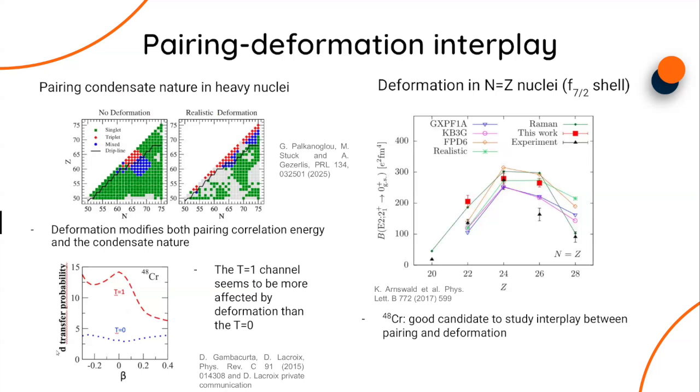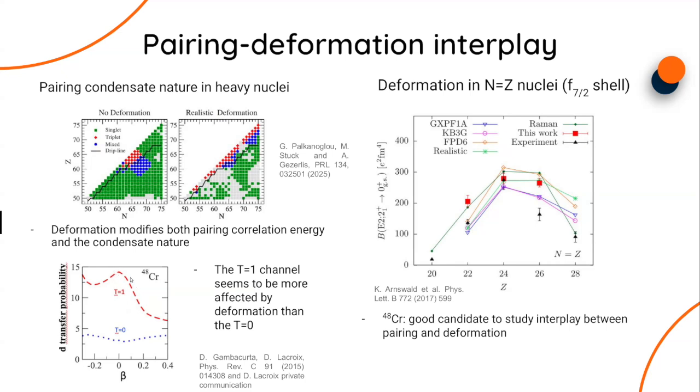So here it's shown a calculation that was made by Danilo Gambacurta and Denis Lacroix. They tried to do a calculation of deuteron transfer probability, so what we are looking for in this experiment. And we can see that the T=0 channel should stay almost the same, but the deformation of 48 chromium is around here.